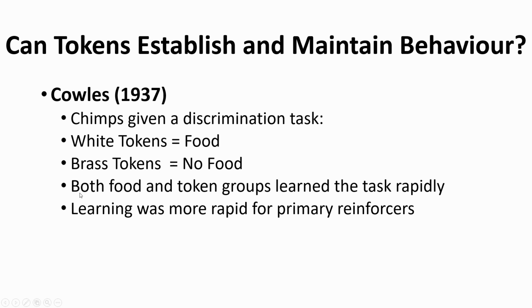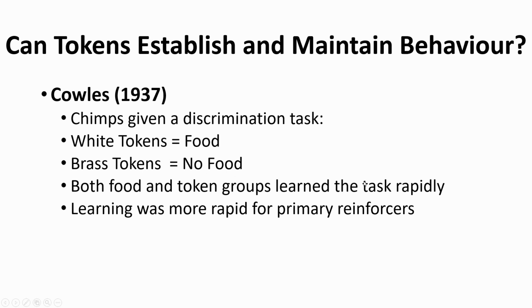We found that whether they were reinforced right away with food, or reinforced with those white tokens that they could then exchange for food, if they made that correct discrimination by choosing the white tokens, both groups could learn to discriminate between the good white tokens that got them food, either immediately or eventually, and the bad brass tokens that got them no food, again, either immediately or eventually.